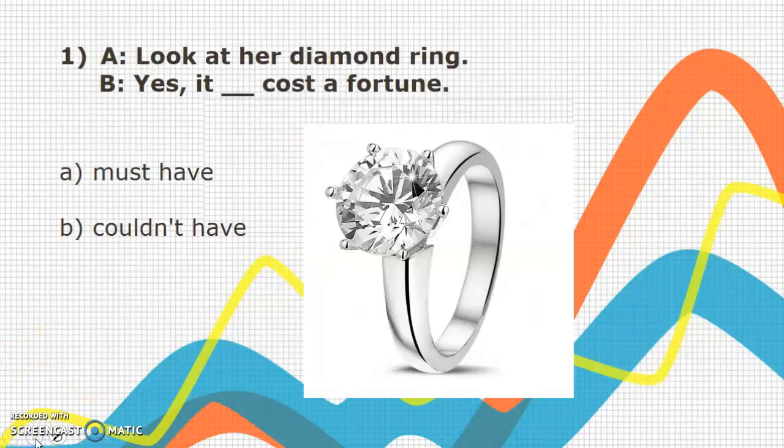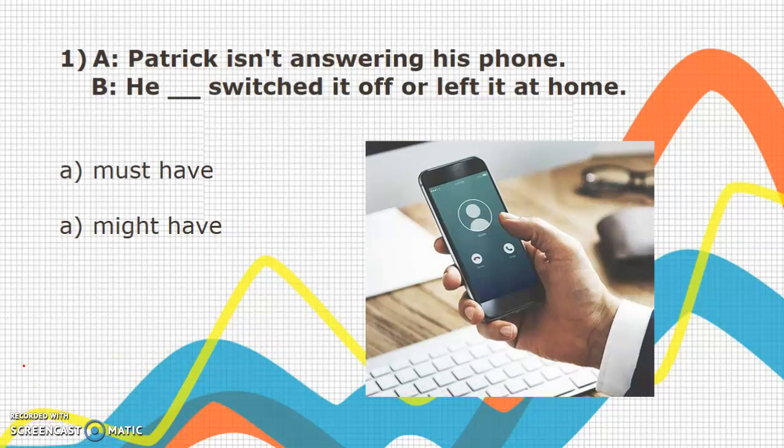Well, here we have some exercises. Please select the best option to complete these small conversations. One: Look at her diamond ring. Yes, it costs a fortune. A. Must have. B. Couldn't have. Two: Patrick isn't answering his phone.